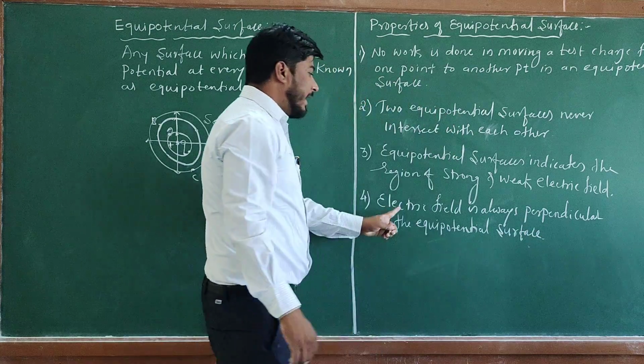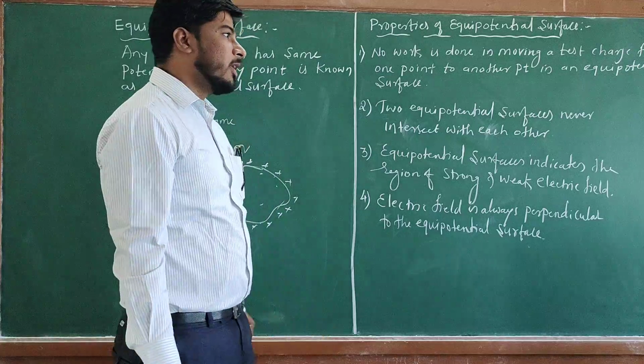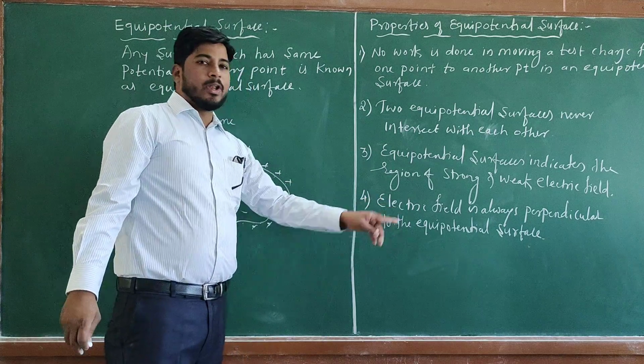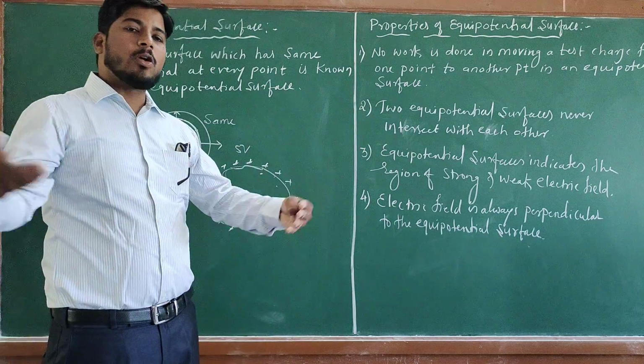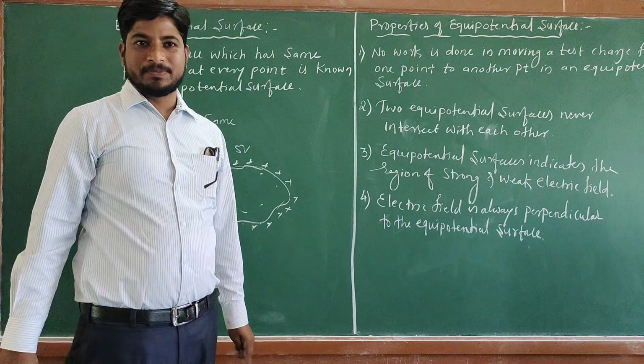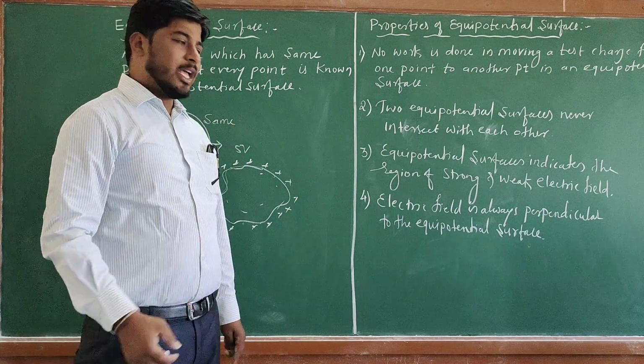See here. Electric field is always perpendicular to the equipotential surface. Or you can say that it is normal to the equipotential surface.